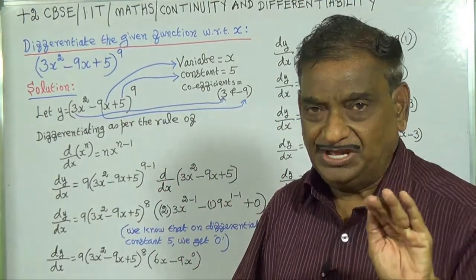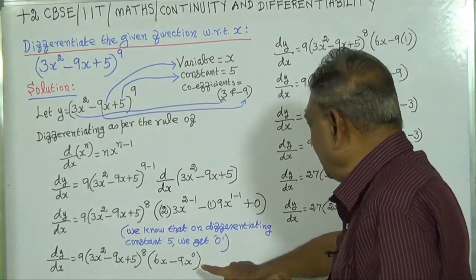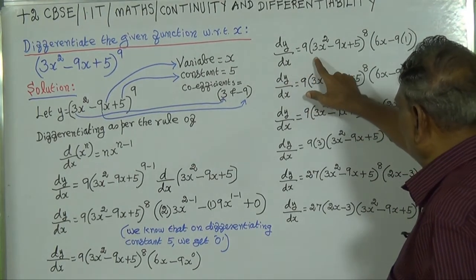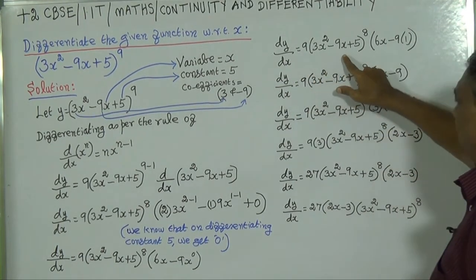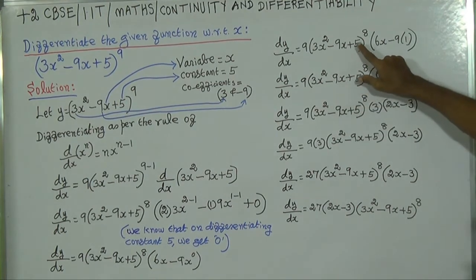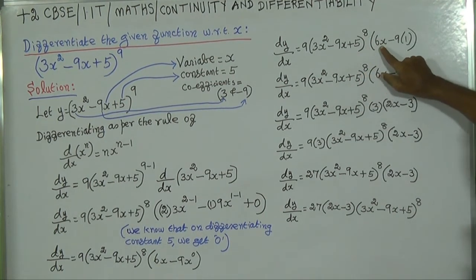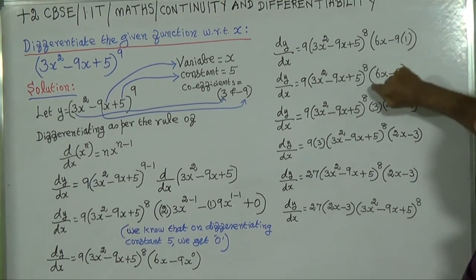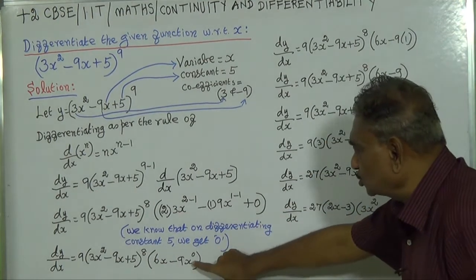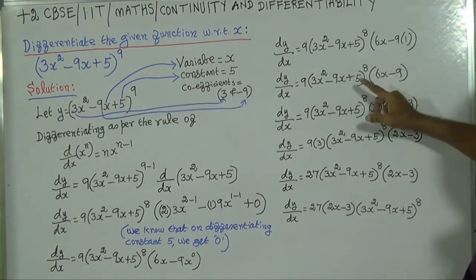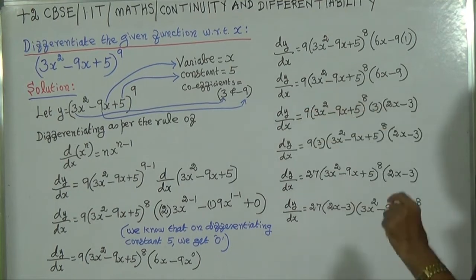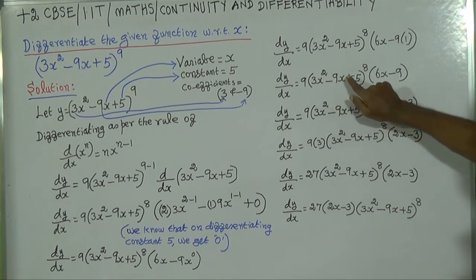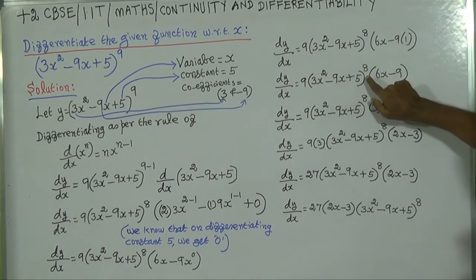So if we write x to the power 0 as 1, we will get dy by dx as 9 into 3x square minus 9x plus 5 the whole power 8 into 6x minus 9 into 1. I am substituting 1 in the place of x to the power 0.